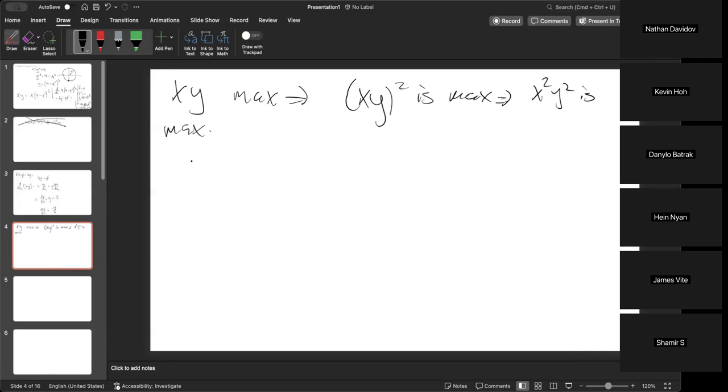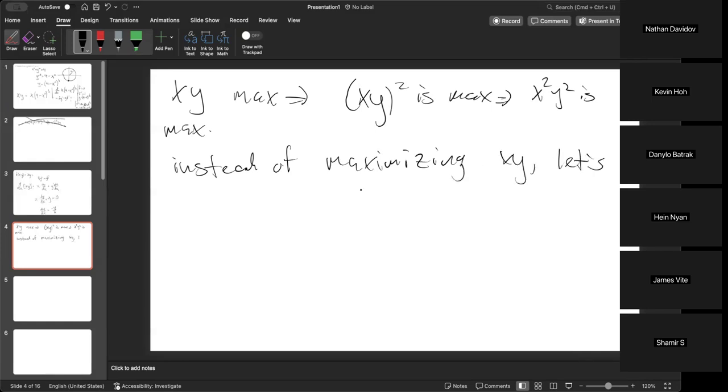Okay, so instead of maximizing x times y, let's maximize x squared y squared and see what happens.